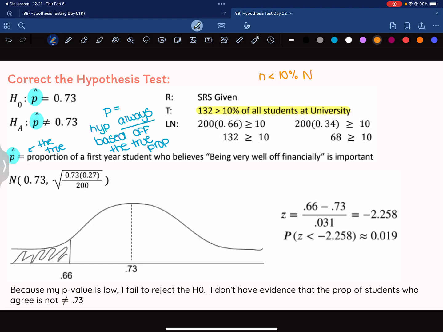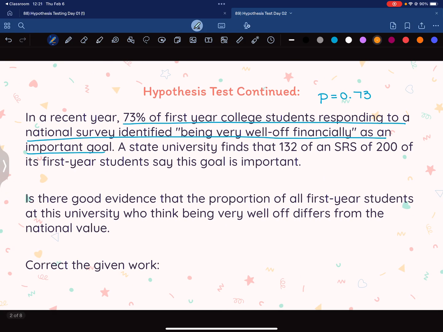That's capital N. If I come back to my context here, 132 out of 200 means my P hat is 132 out of 200, meaning that N is 200, and 132 is just the success.